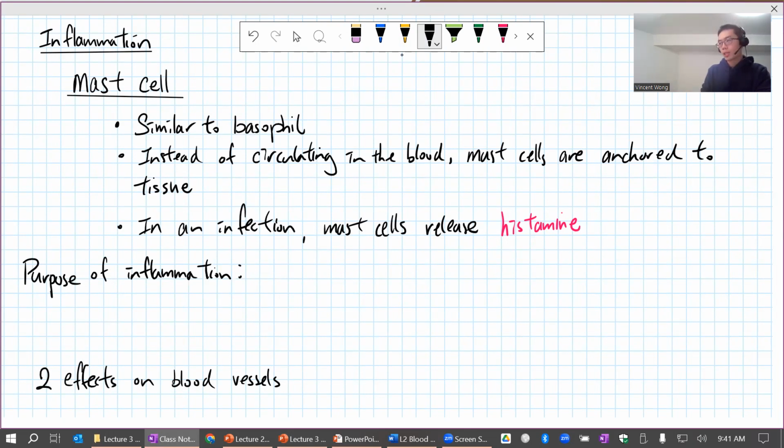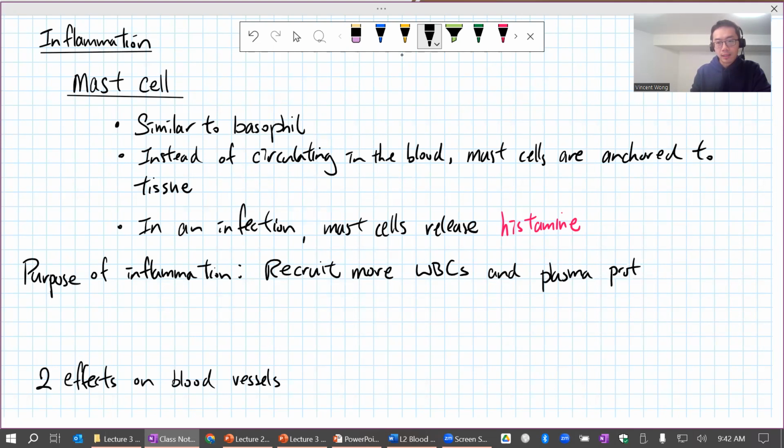Why do we want an inflammation? Well, believe it or not, the purpose of inflammation is to recruit more white blood cells and plasma protein to the site of infection.